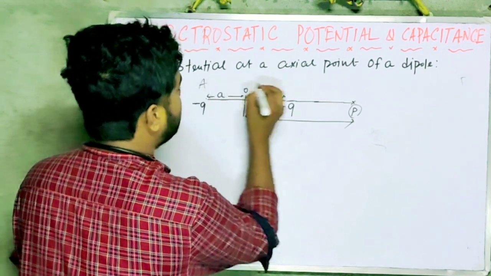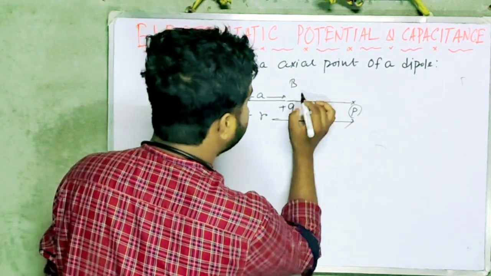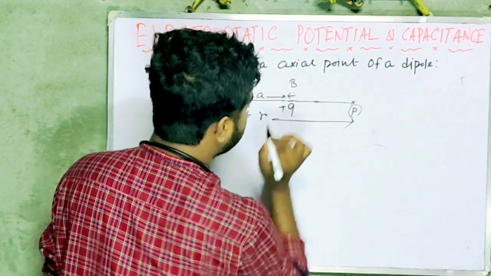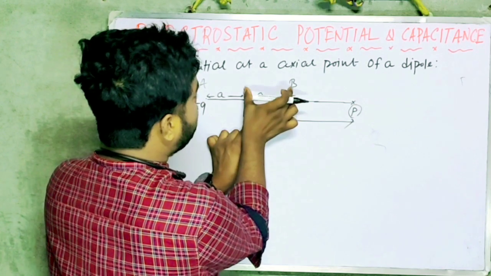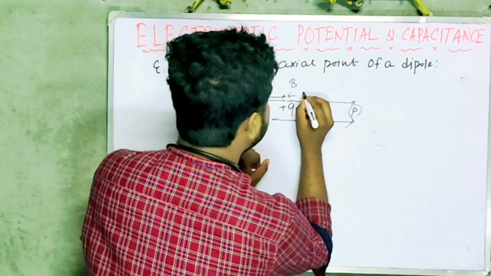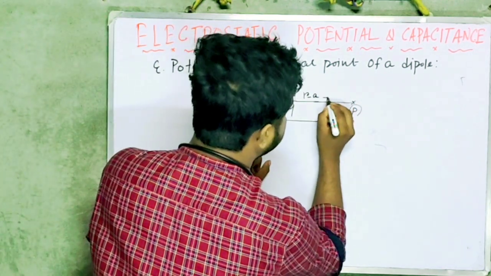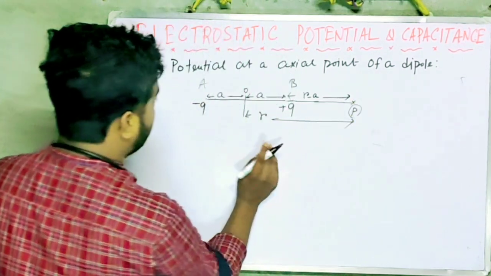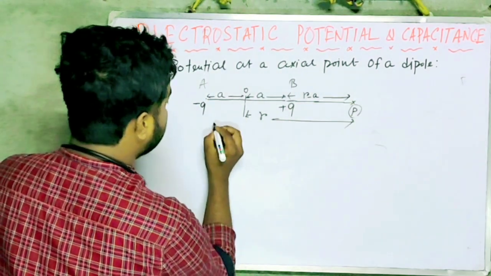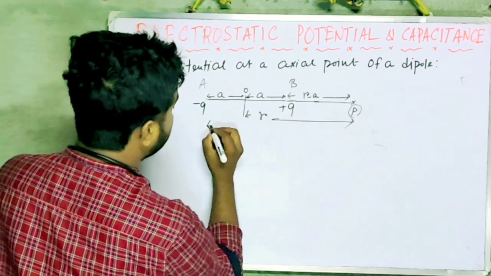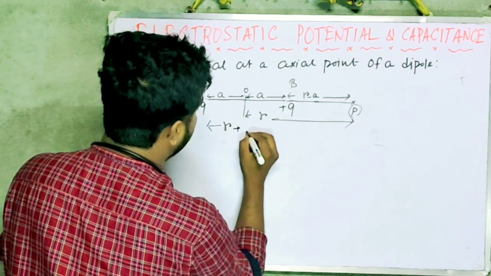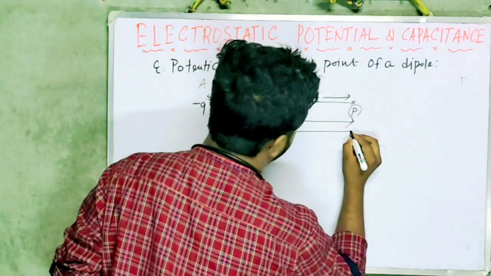So what will be the separation from B to P? O to P is r and O to B is a, so B to P will be r minus a. And what is the separation between A to P? That is r, and this one is a, so the total separation will be r plus a.